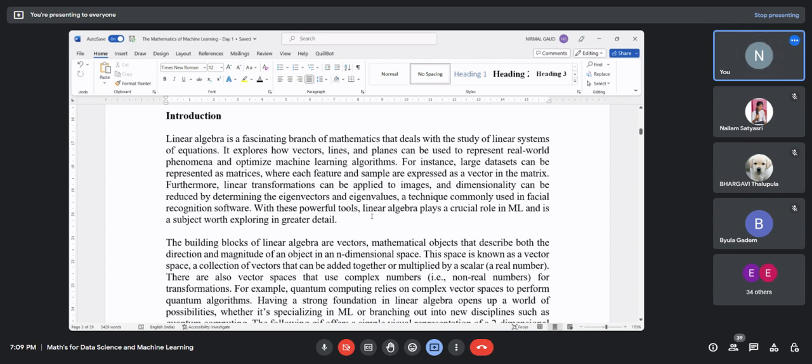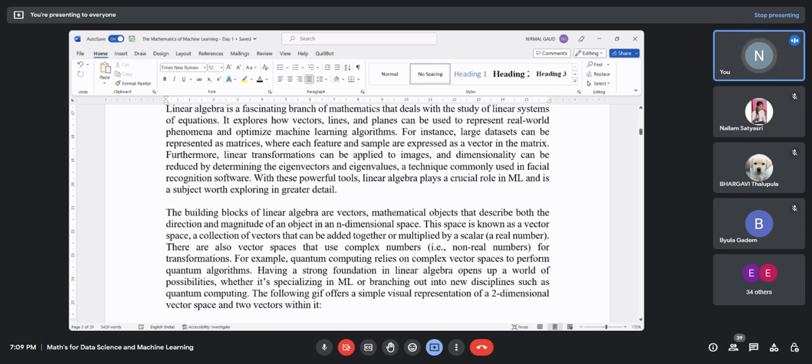We are going to use linear algebra because the data which is given to us for training the model might be a huge, large data set, and we need to structure it in such a way for simplification. We can organize the data into matrices and vectors, and we need to perform various transformations over the data.